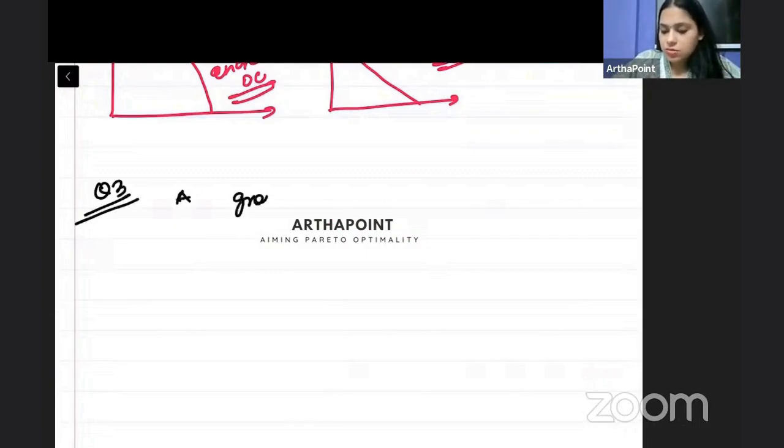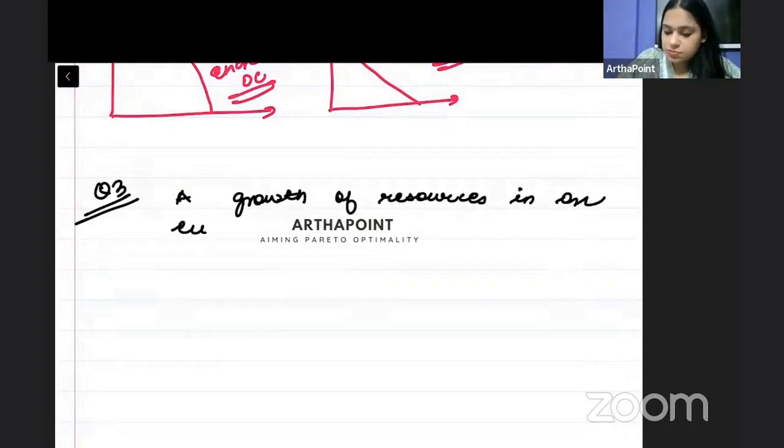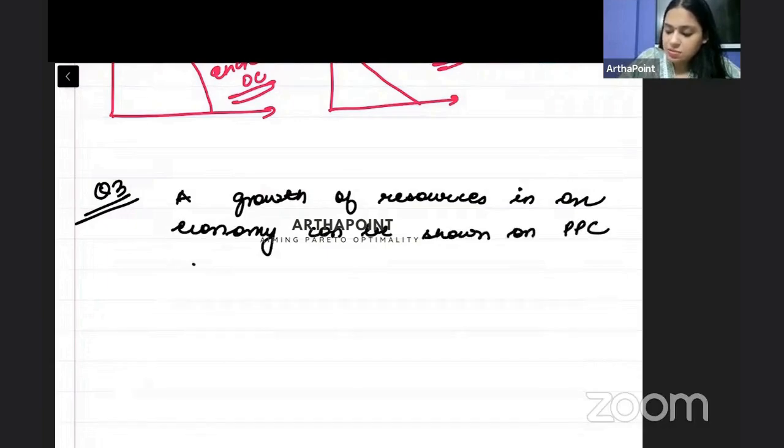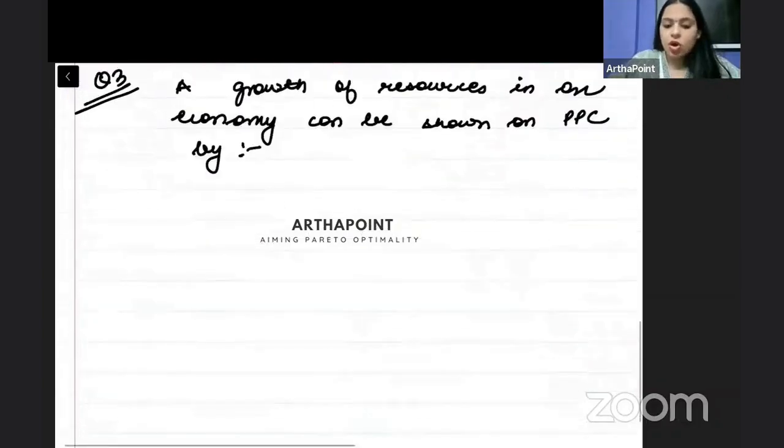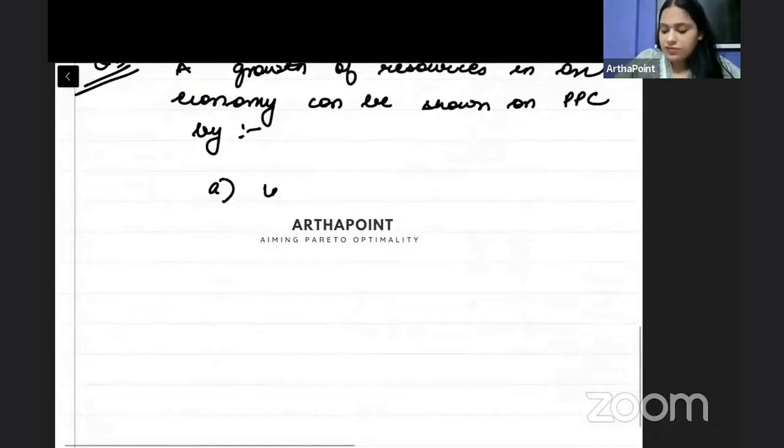A growth of resources in an economy can be shown on PPC by option number A, beta, leftward shift.